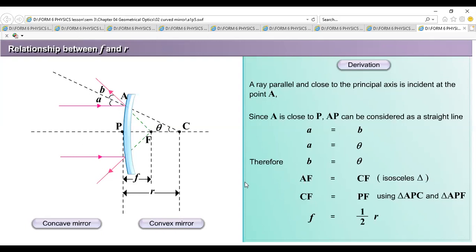As a result, the length of AF is equal to CF, they are the same length, and CF is also equal to PF. So again we prove that F is half of R, or R is double F.